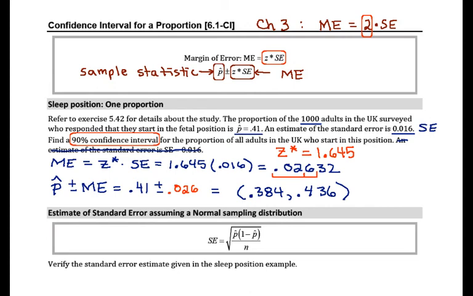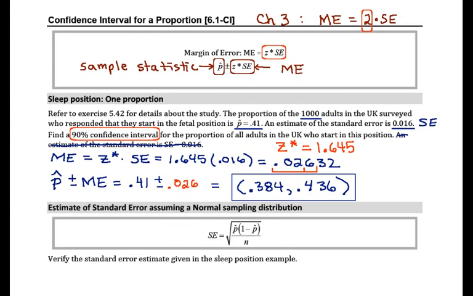So it looks like what we can conclude from this is that in the UK, somewhere between about 38.4 and 43.6% of adults start in the fetal position when they go to sleep.